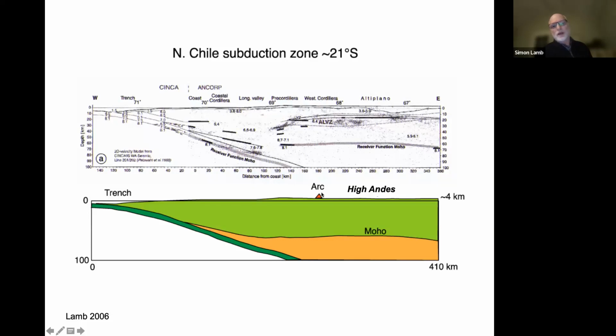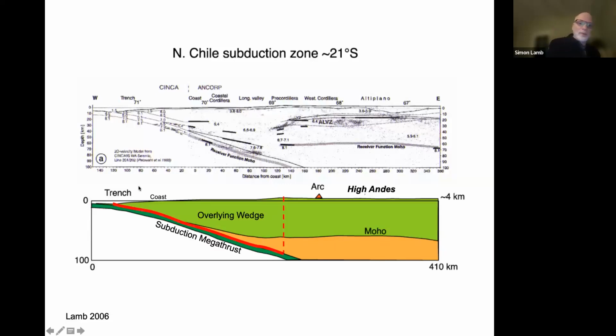And then this is the crust and lithosphere of the overlying South American plate. There's the volcanic arc. And basically in the high Andes, you've got crust that's about 65 kilometers thick. And as I say, typical elevations are about 4,500 meters. And then it comes all the way down to the trench.